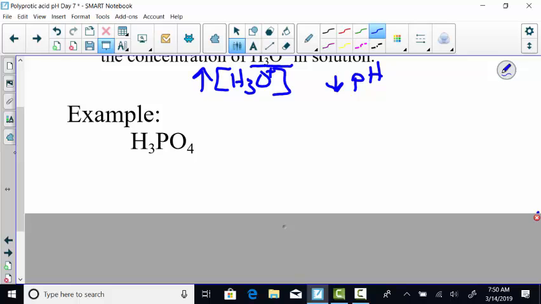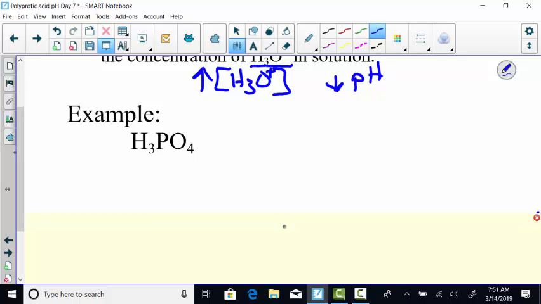Phosphoric acid here is an example of a polyprotic acid. Since it's H3PO4, it can produce 3 hydrogens and put them into the solution.